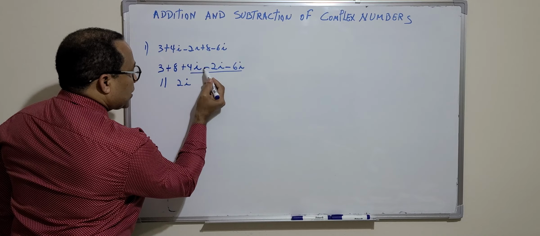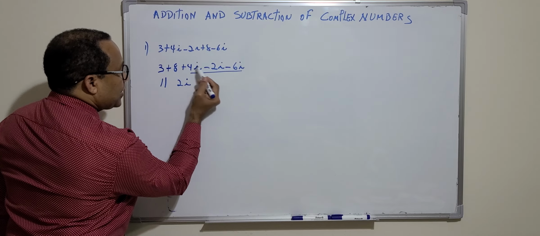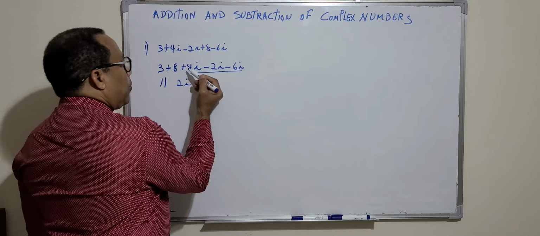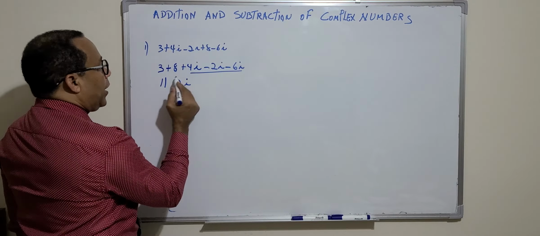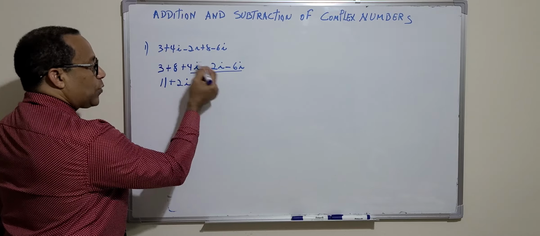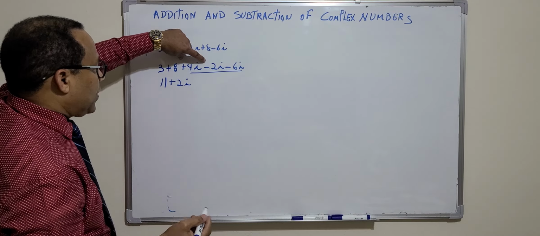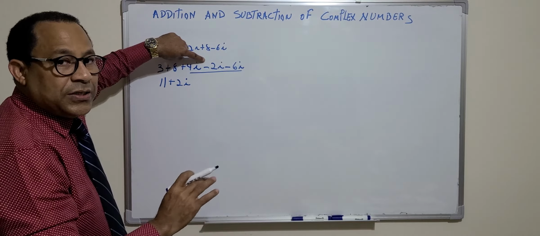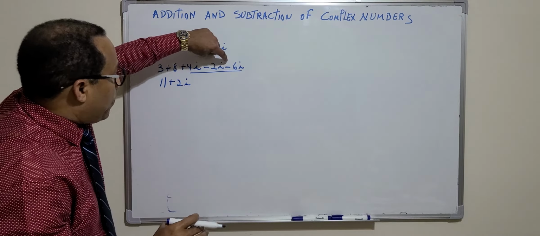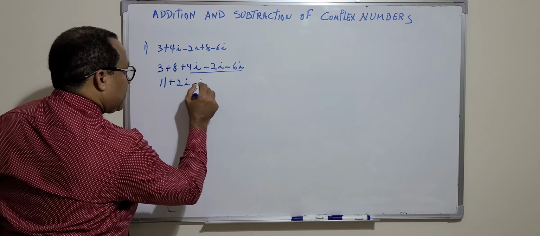And you put the sign of the greatest of these two numbers. Which one is greater, 4 or 2? 4 is greater than 2. What's the sign of the 4? It's a positive sign. That's what the rule says: when the signs are different, in addition and subtraction, you subtract the numbers and you copy the sign of the greatest of them. And then I'll bring down the negative 6i.